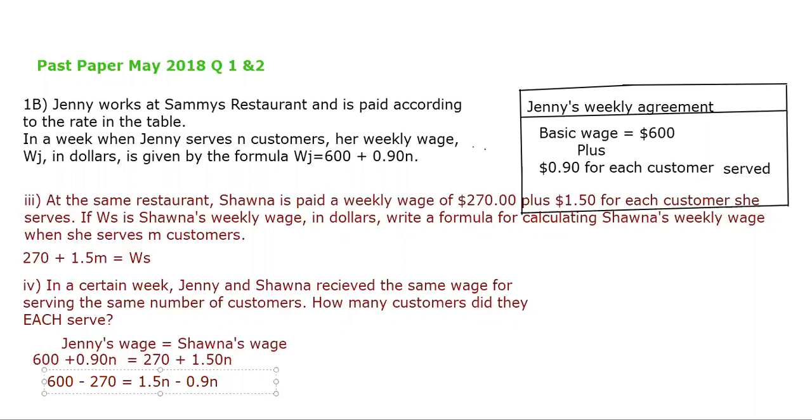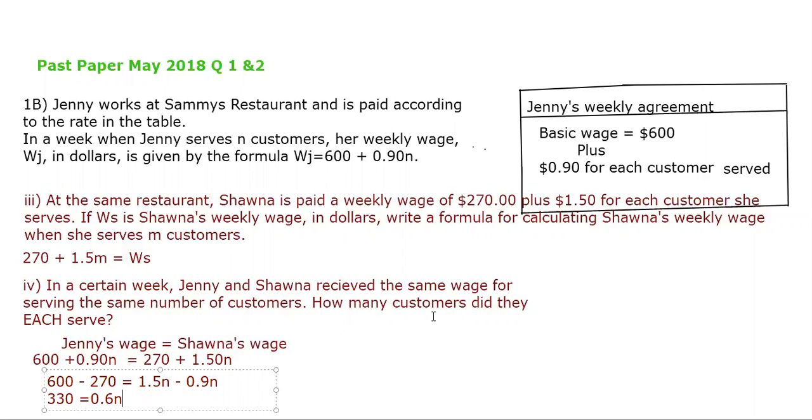Good. What do we get right here? 600 minus 270 is what? 330, right? So 330 is equal to 1.5 n minus 0.9 n, which is what? That is 0.6 n.